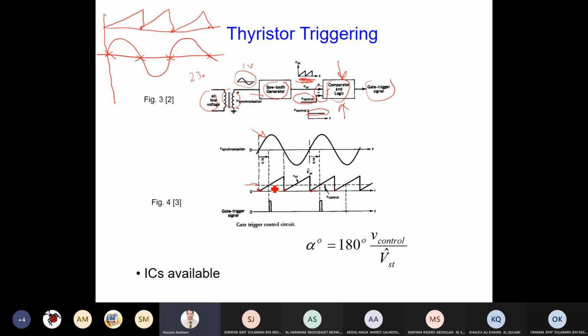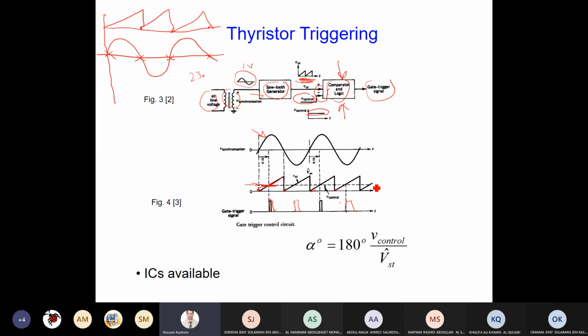As an example, at this point the sawtooth is higher than the control signal, so a pulse comes, and so on. Pulse comes, pulse comes, pulse comes. So we send the pulse.